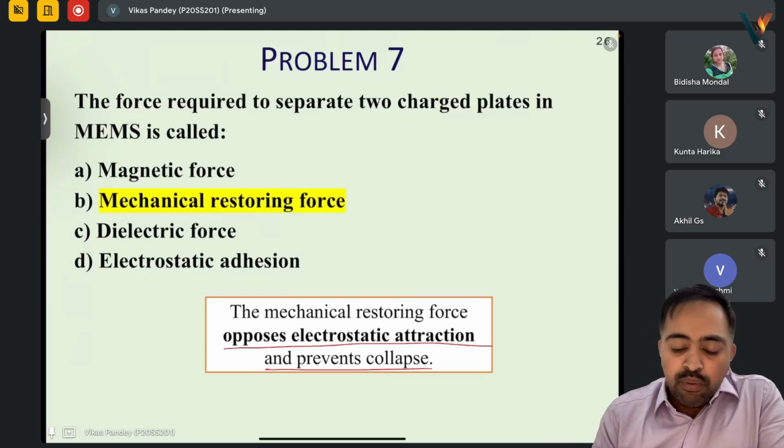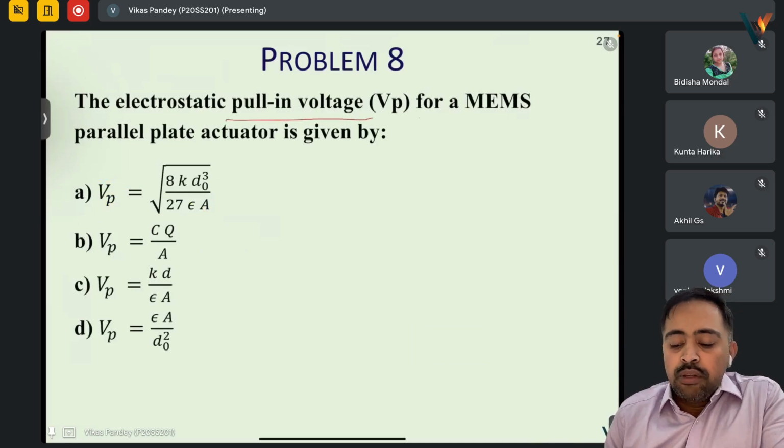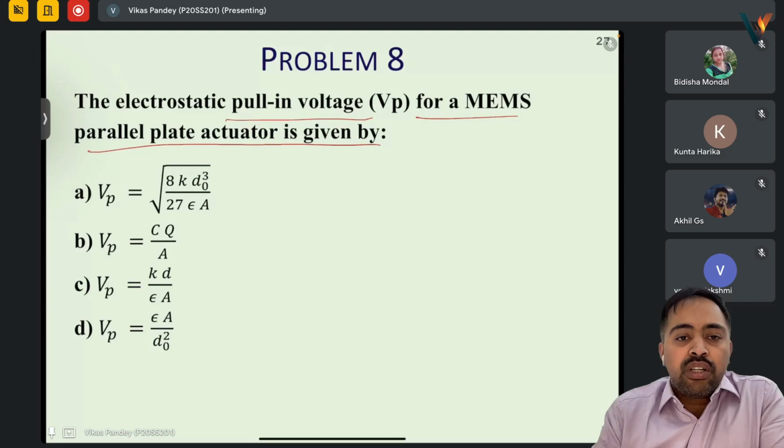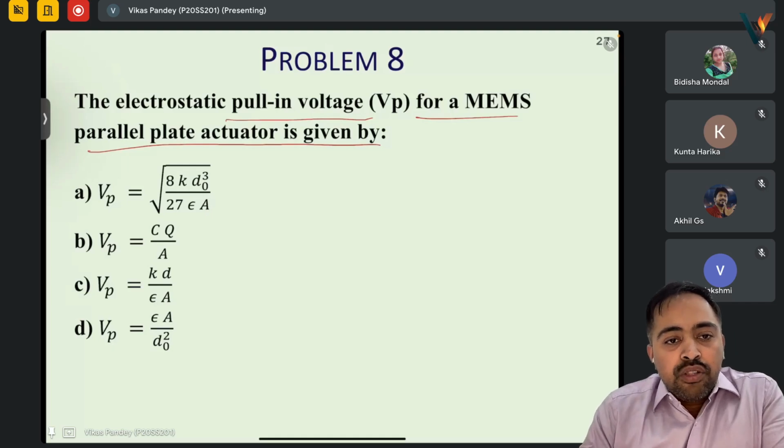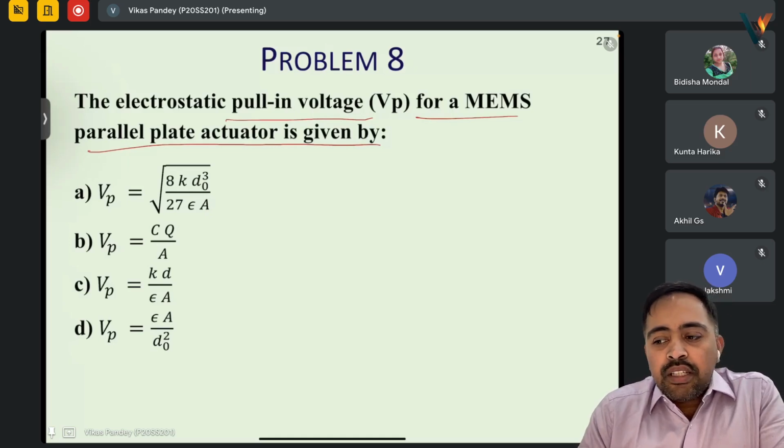The electrostatic pull-in voltage Vp for a MEMS parallel plate actuator is given by which of these equations? Anyone? We have seen this equation, right?